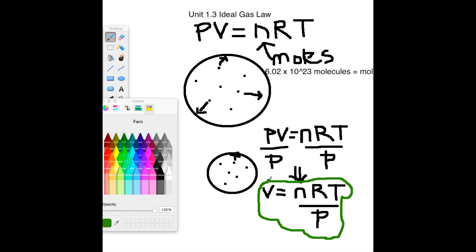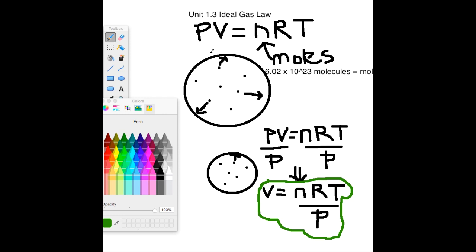Okay, so V equals nRT divided by P. So you could also solve for n, you could solve for R, you could solve for T, you could solve for P. If you needed to solve for T, or temperature, you'd have to divide this right side by n and R, and divide here by n and R. And so then everything would end up with T, and these would cancel out. And then you have PV over nR.